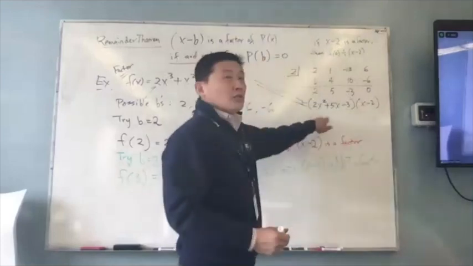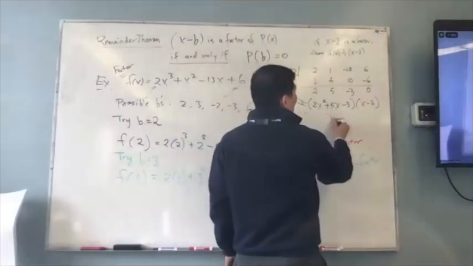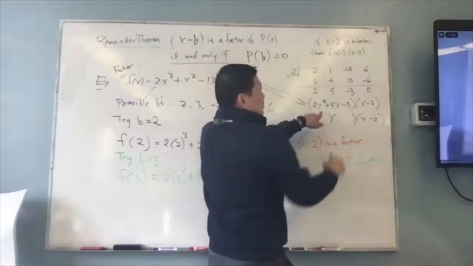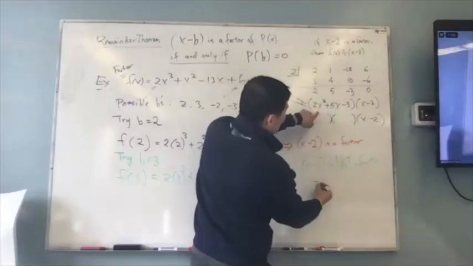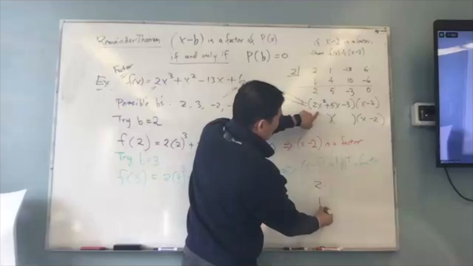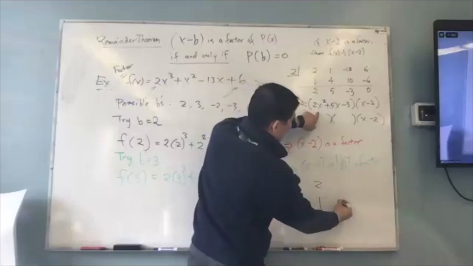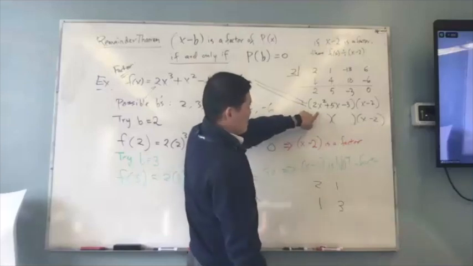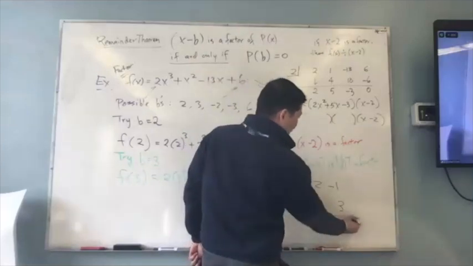And if I can factor this out, this can become what? 2 and 1, 3 and 1, and then maybe minus over here.